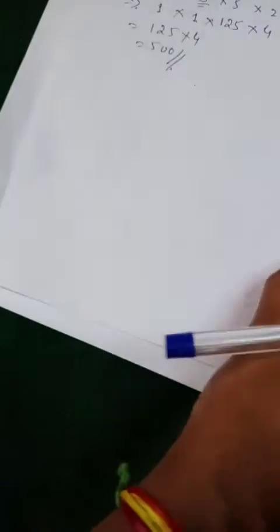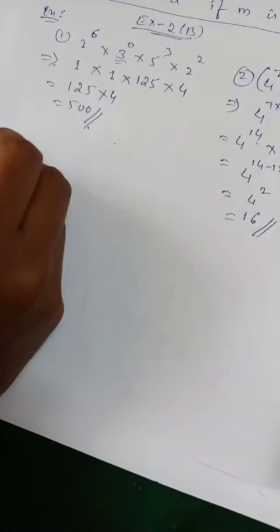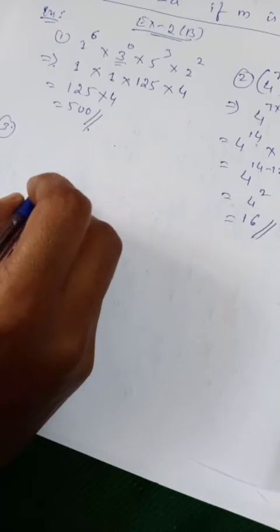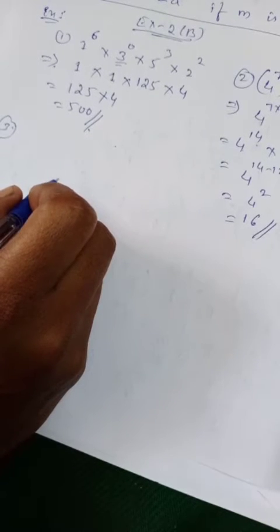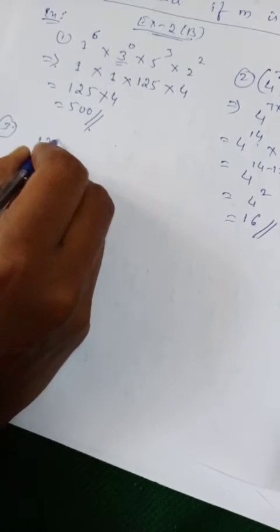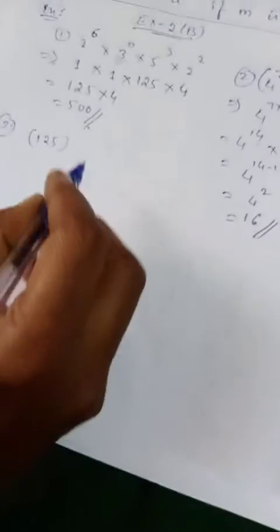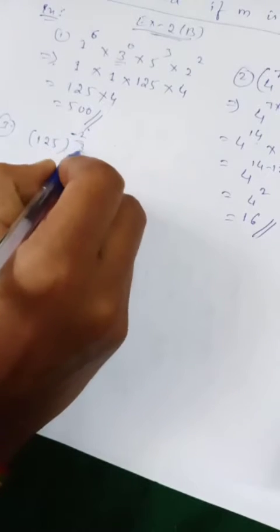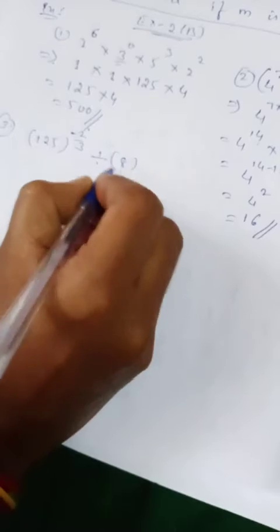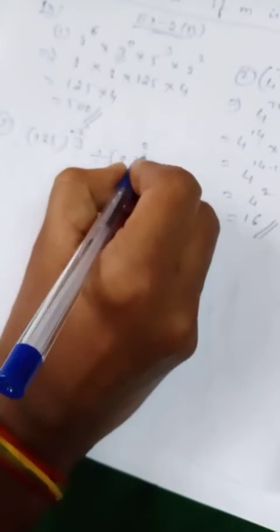I'll take one more example. Third one: 125 whole to the power minus 2 by 3 divided by 8 whole to the power 2 by 3.